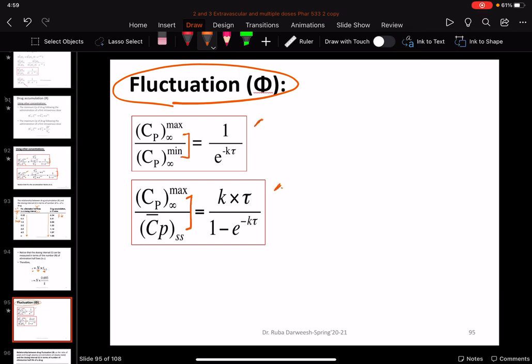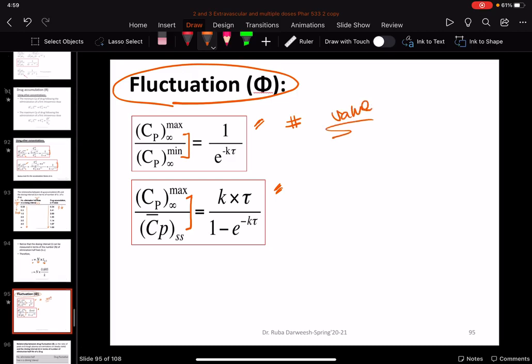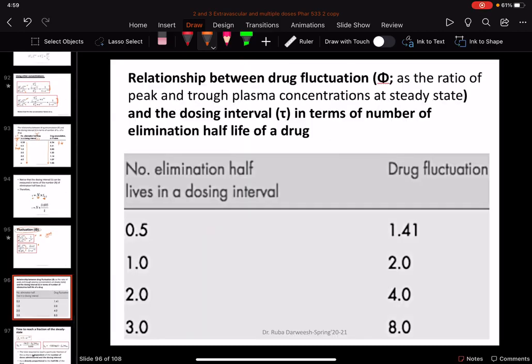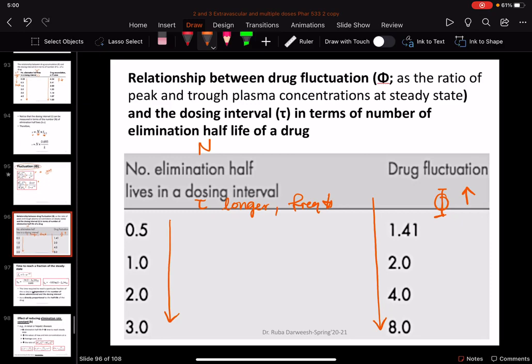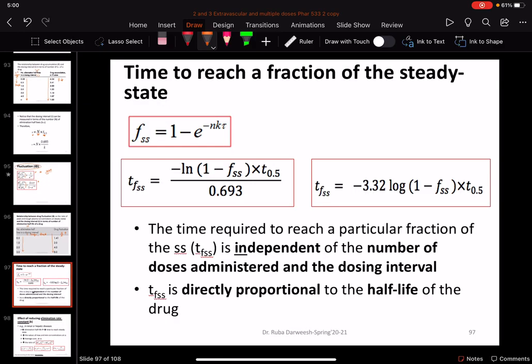The value of the number is different, but the principle is still the same: if the number of half-lives in tau is increasing, so tau is longer, or the frequency is less, the accumulation would be less, but the fluctuation is more. And we know those details already.